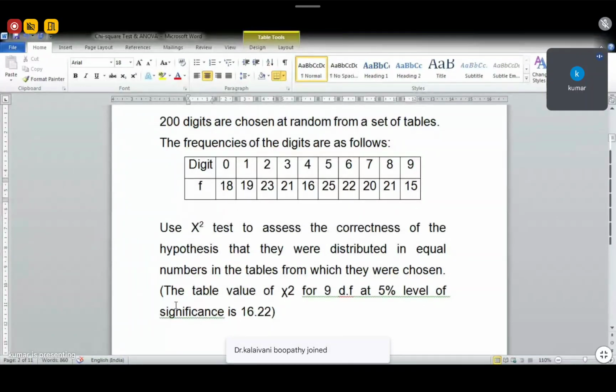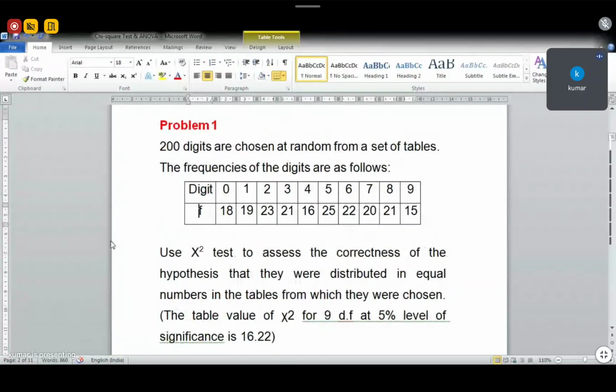So the clue is given now, to assess the correctness of the hypothesis that they were distributed in equal numbers in the tables from which they were drawn. Table value is given: 9 degrees of freedom, 5% level of significance, 16.22. These are the observed frequencies: 18, 19, 23, 21, 16, 20, 25, 22, 20, 21, 15.